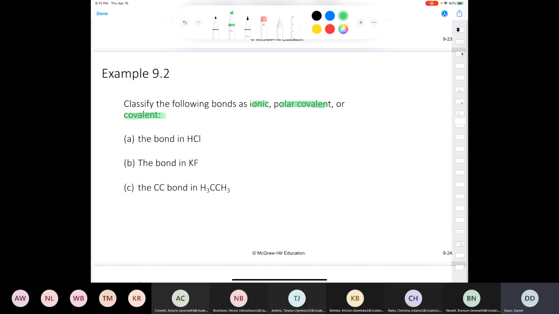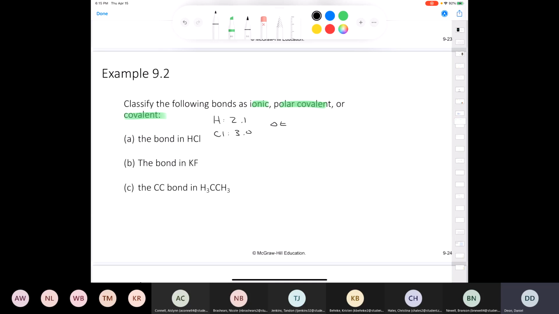So if we look at the electronegativities of hydrogen and chlorine, all you'd have to do is step back to that periodic table where I have the Pauling scale of electronegativity. And again, I took that right out of our textbook. You would see that hydrogen has an electronegativity of 2.1 and chlorine has an electronegativity of 3.0.